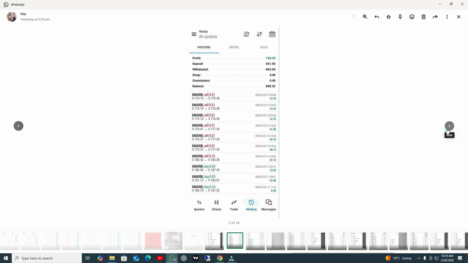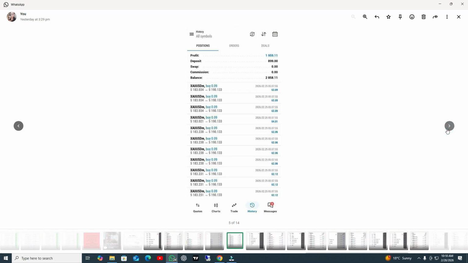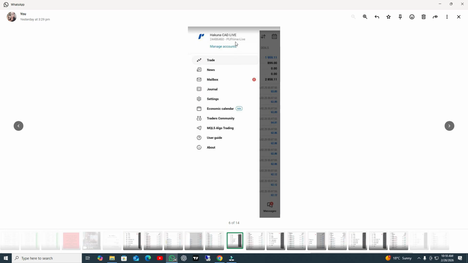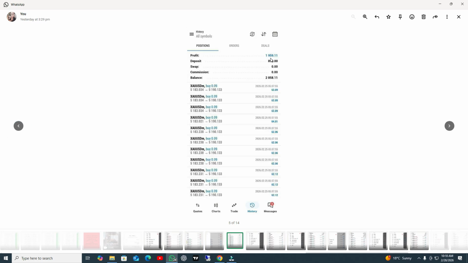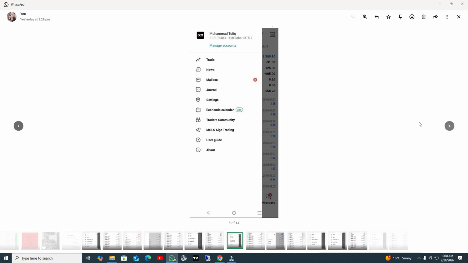Okay, let me show some more. Here you can see, first check the real account. Profit is 1959. Okay, and you can see all the things. Let me show some more here. Check, this is a real account, XM. Profit is 1369.